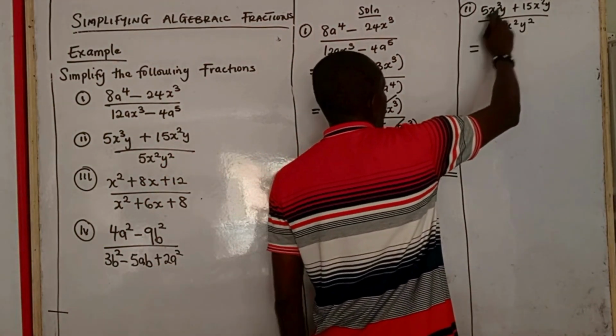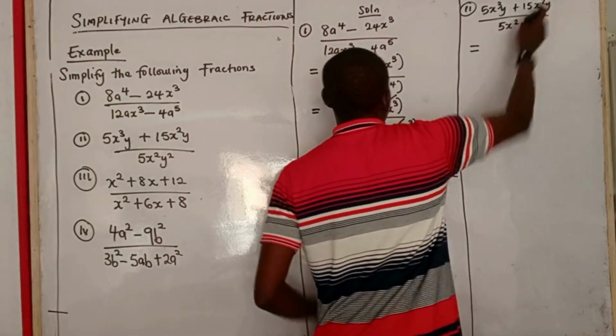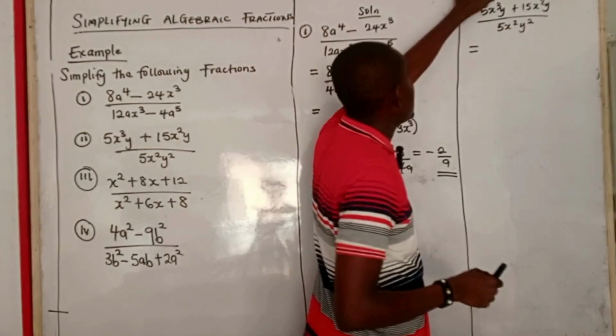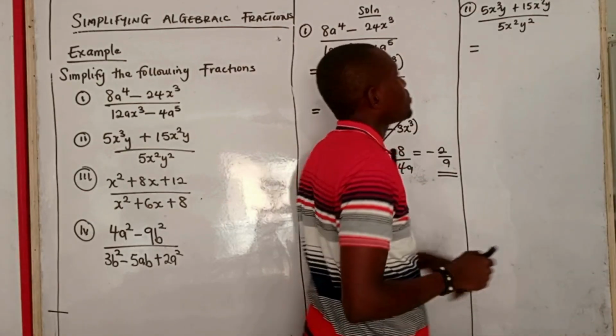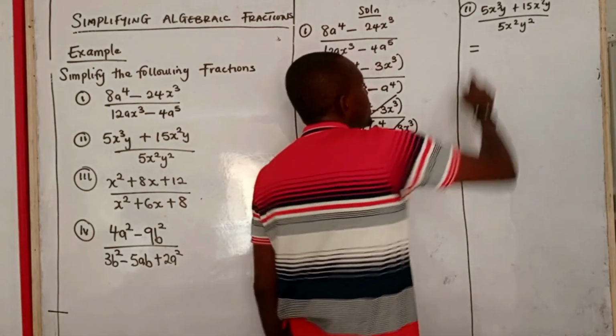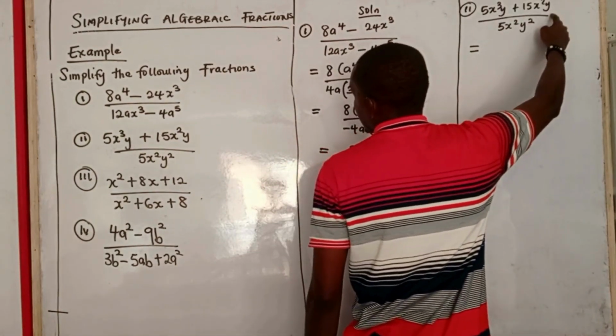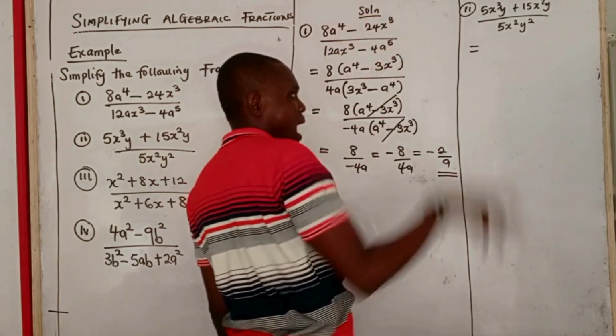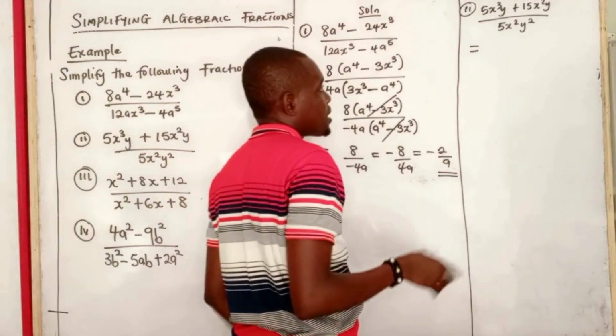Now there is x here, there is x here, there is y here, there is y here, right? The x on this side is to the power of 3, while the x on this side is to the power of 2. So that means x to the power of 2 is common. There is y and there is y. That means y is also common. So I have x squared y as one of the common factors.